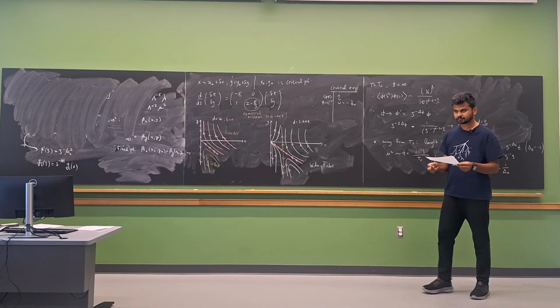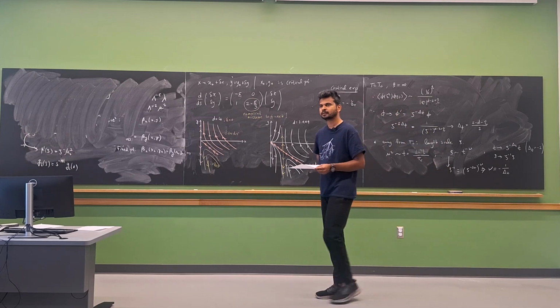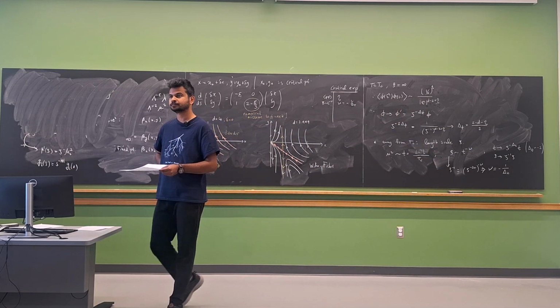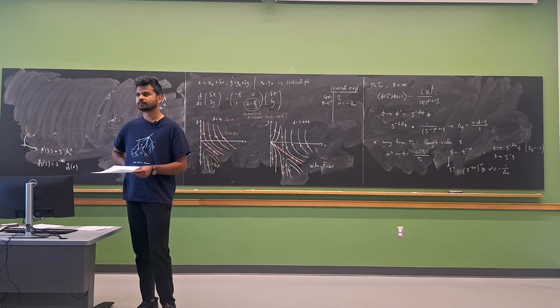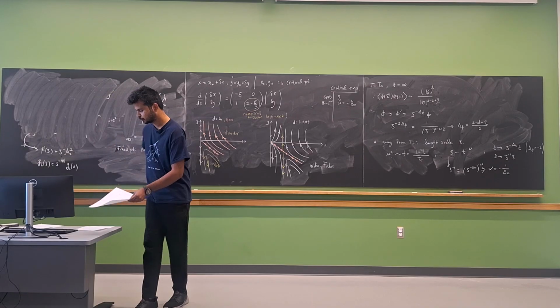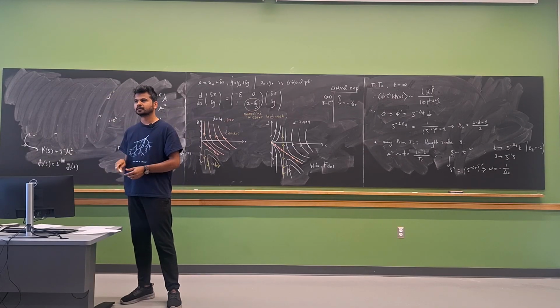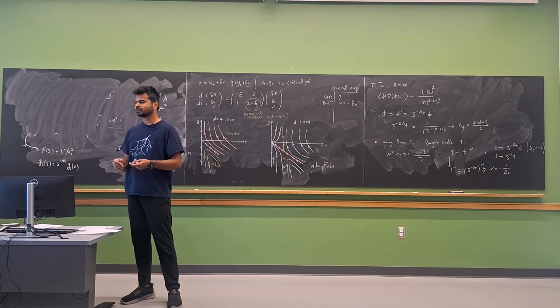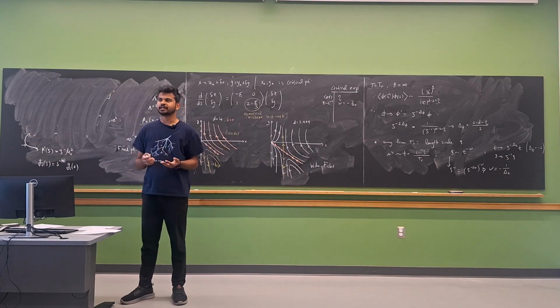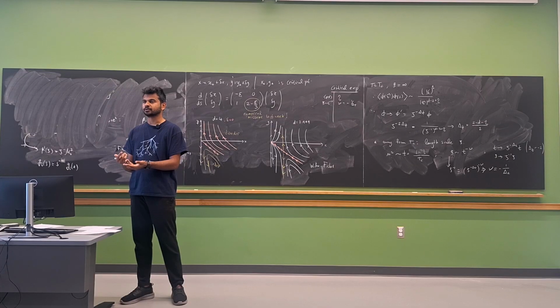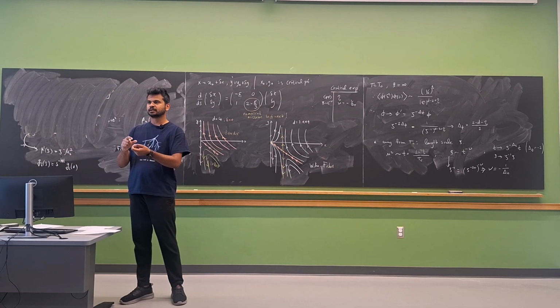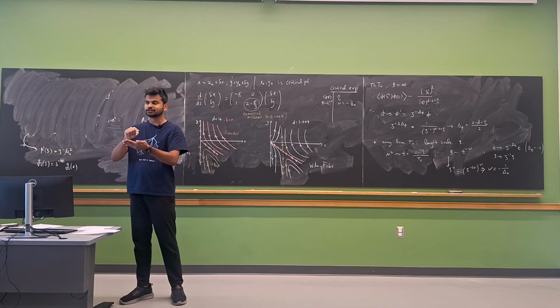So I'm trying to understand the definition of these critical exponents. What's the common feature between all these critical exponents? Roughly speaking, some quantities, for example correlation length or heat capacity or susceptibility, all of these diverge as you get to the critical point.